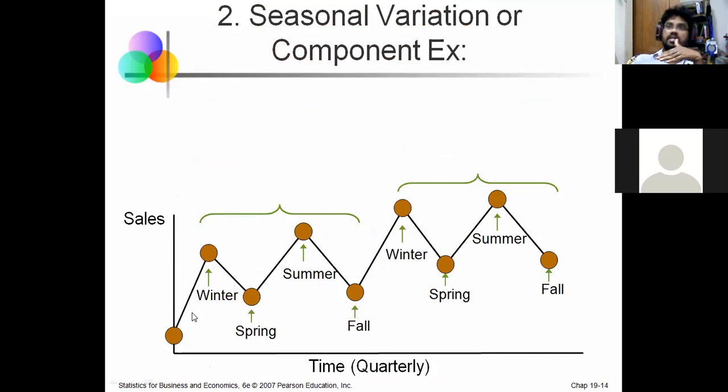For example, in summer it may be ice creams or cool drinks, and in winter, woolen goods. So there are ups and downs in the seasonal variation. It depends on the season when the sales will be high.